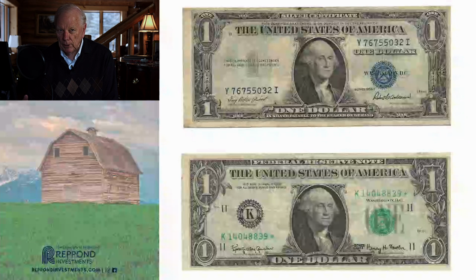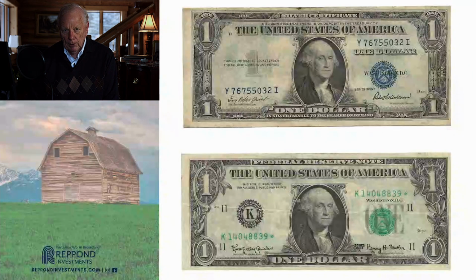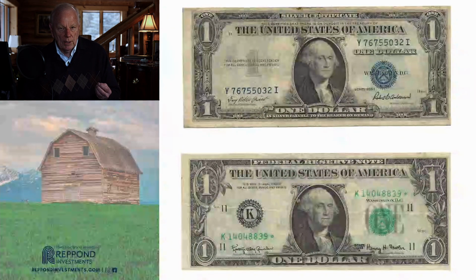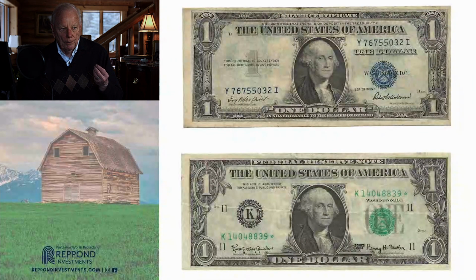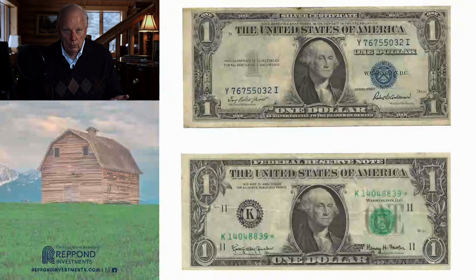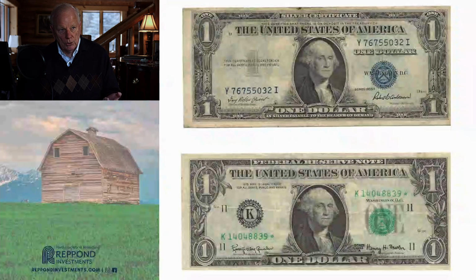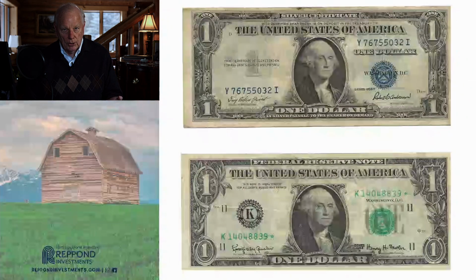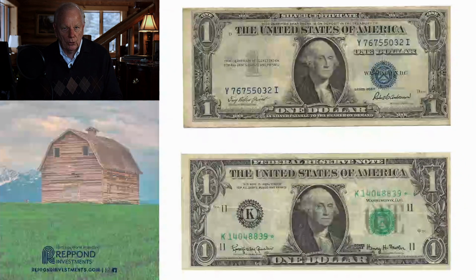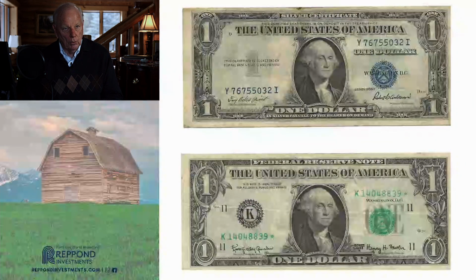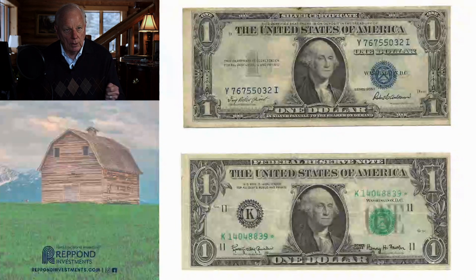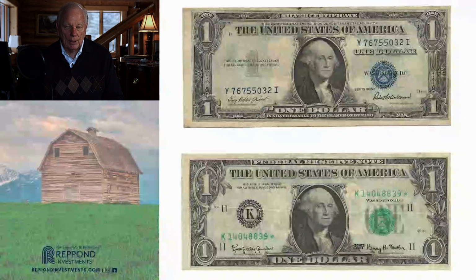You may say, what does that mean? Silver certificate means that, and this is what they intended, because in 1878, people were carrying silver or coins in their possession, and it was cumbersome. And so they came up with an arrangement that if you'll give us your silver, we will give you a silver certificate, and that certificate can always be redeemed in silver.